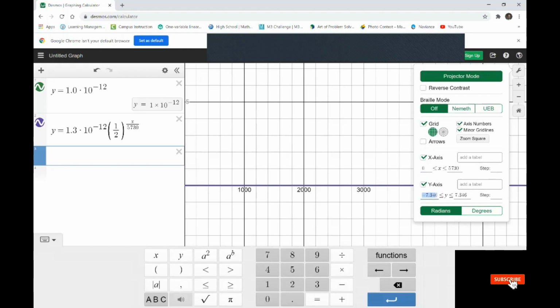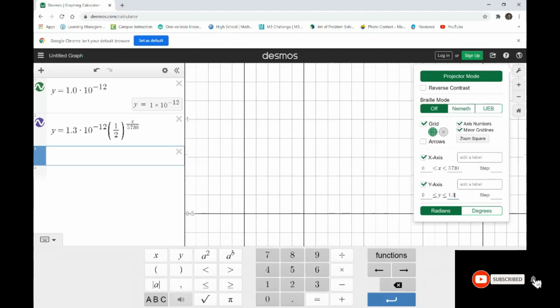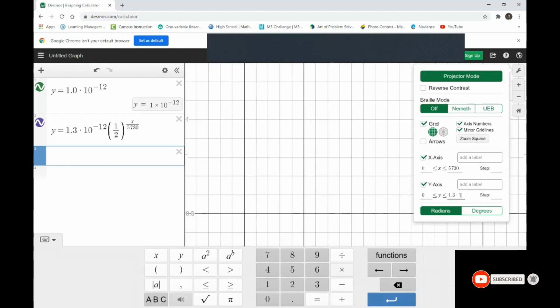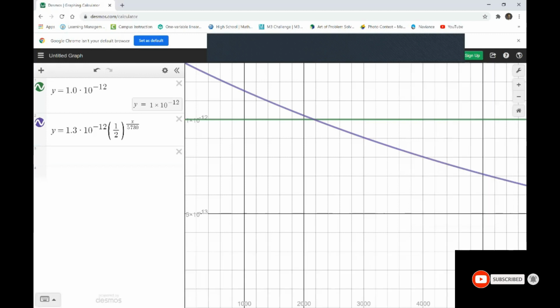And then for our y window, we know it started at 1.3 times 10 to the negative 12, so we can go from 0 to 1.3 times 10 raised to the negative 12. And now we can see our point of intersection.